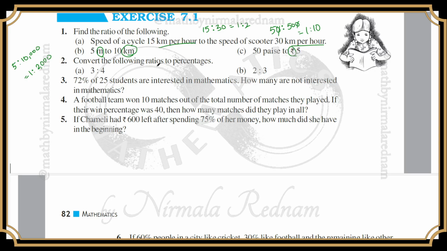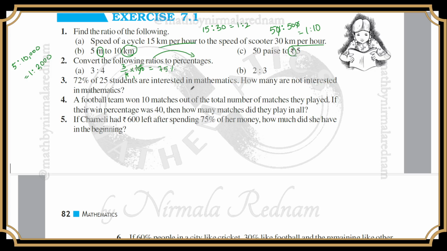Next, convert the following ratios to percentages. Now, when you have a question like this, converting from ratios to percentages, simply multiply the given fraction by 100. You will have your answer. So here I have 3 by 4 into 100 will give me 75 percentage.